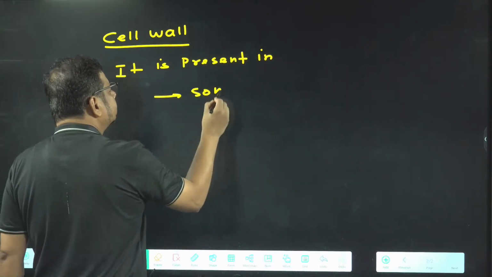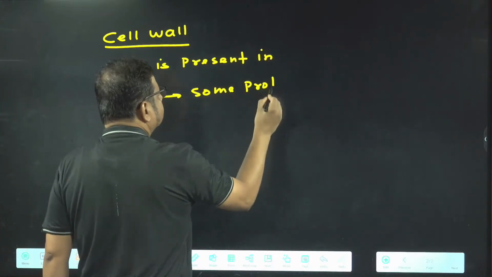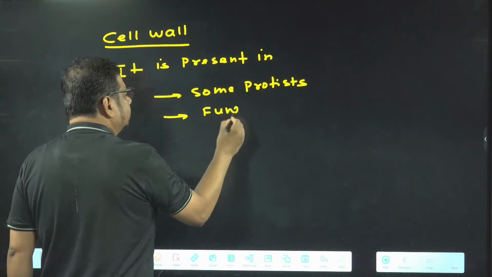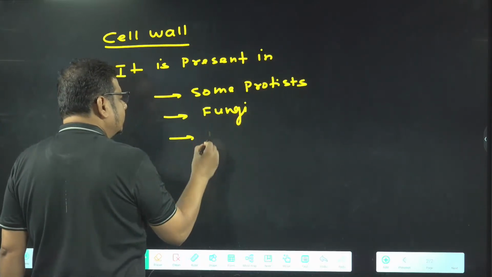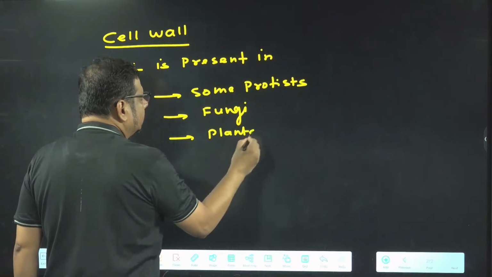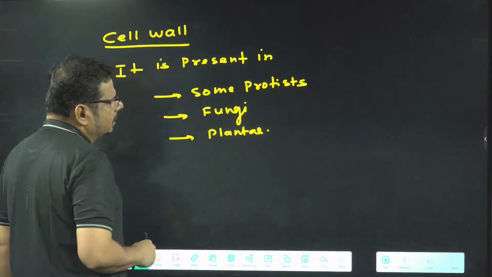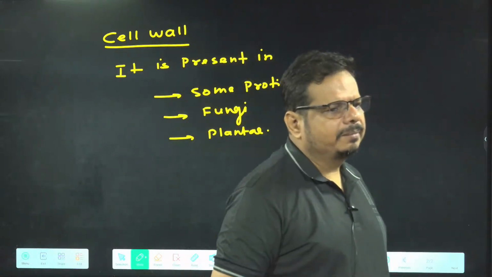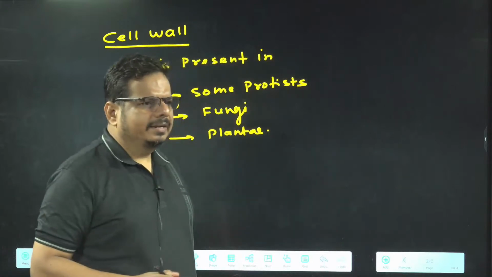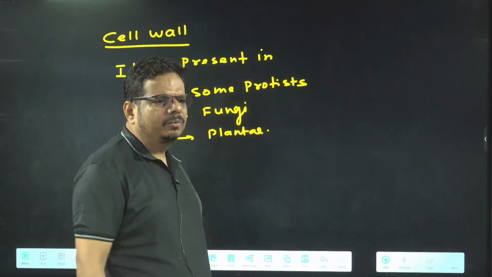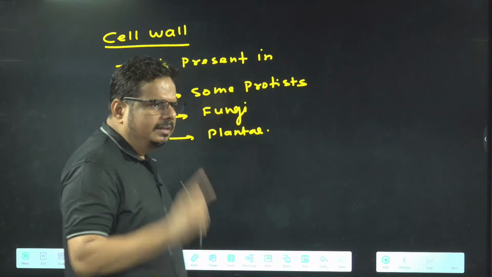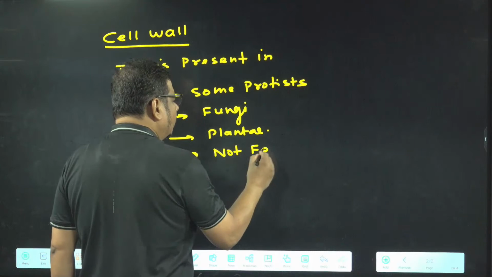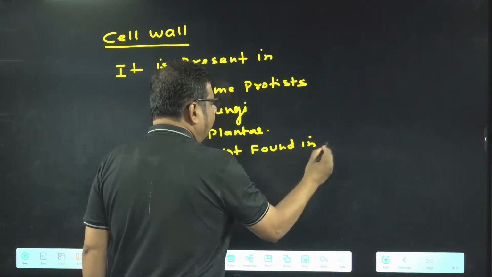Some protist, fungi, and plantae. Getting the things? So cell wall is present in how many eukaryotic kingdoms? If someone asks a question, it is present in the members of 3 eukaryotic kingdoms. Cell wall is not found in Animalia.